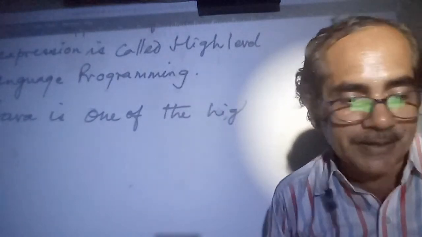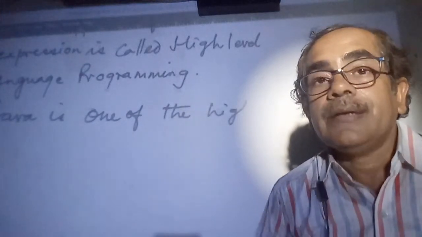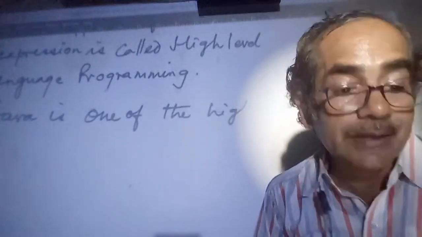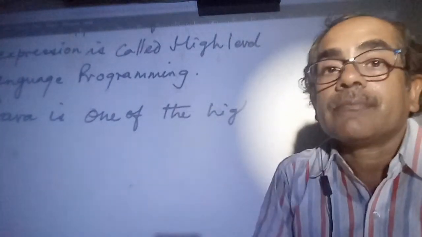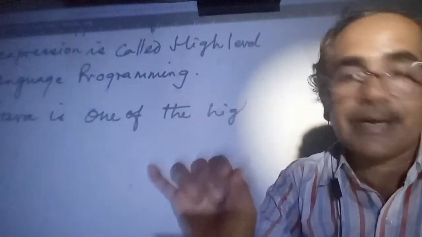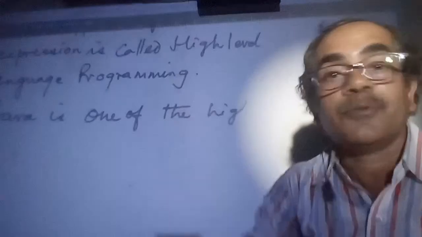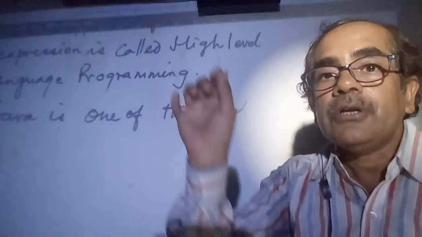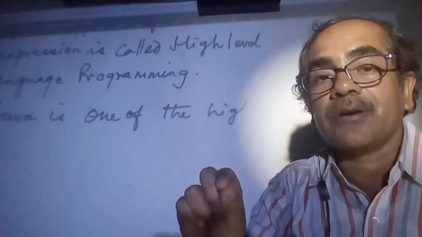So about the interpreter, it takes a high level language program like a Java program, and reads the program line by line. Anything is read from top to down, first line to the last line. Suppose the first line is read, it is checked whether it is correct or not.